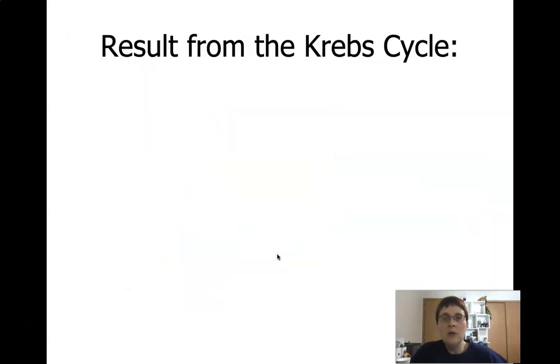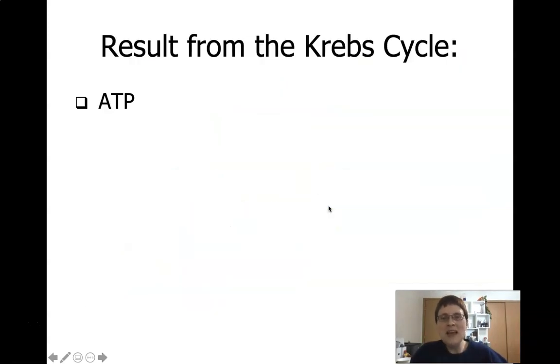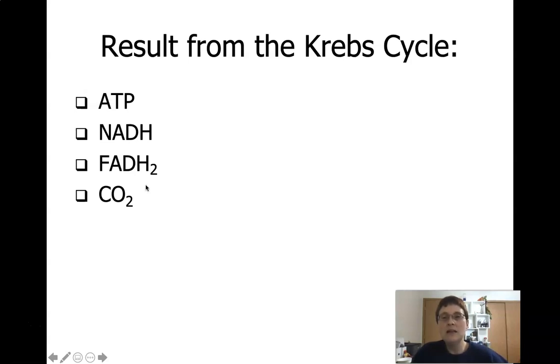So to sum up what we get from the Krebs cycle, we're going to make ATP. We're going to make more NADH. We're going to make FADH2 too, and these guys are going to move on to the last step. And then we're going to make the last of the carbon dioxide.